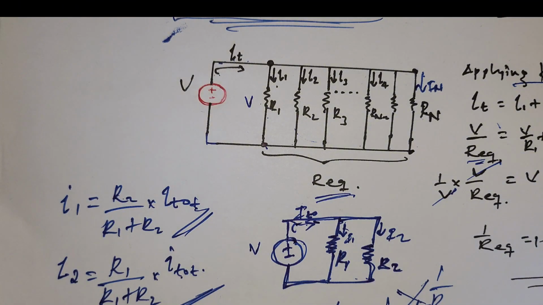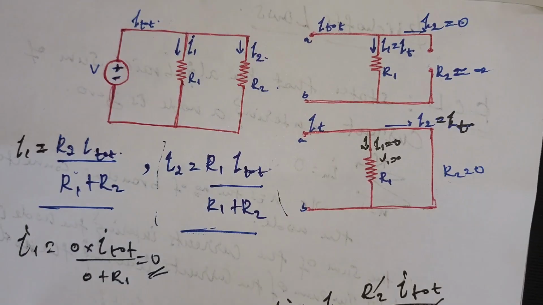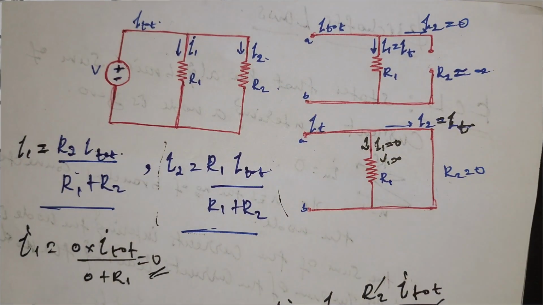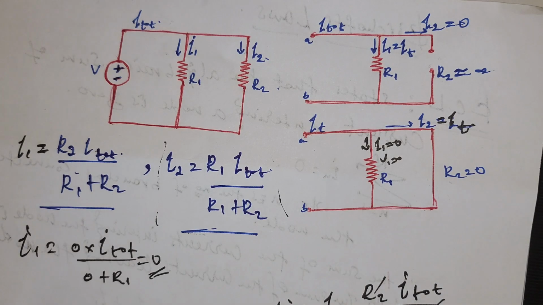Now we're going to see extreme cases: how current behaves when the circuit is open circuit and when it is short circuit, and how the current division is calculated in these two situations, as you see on the left side circuit.